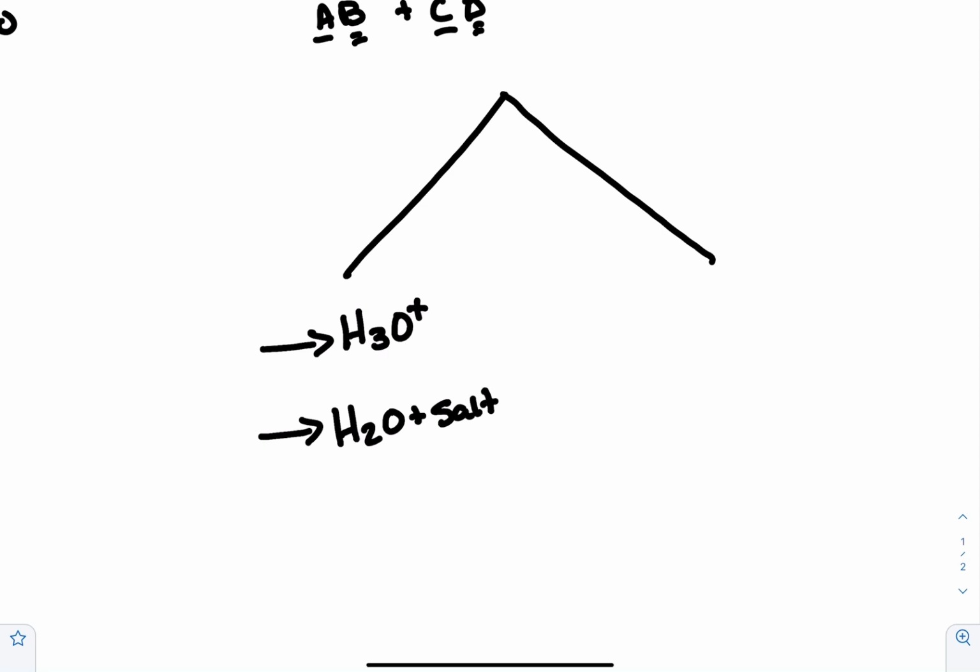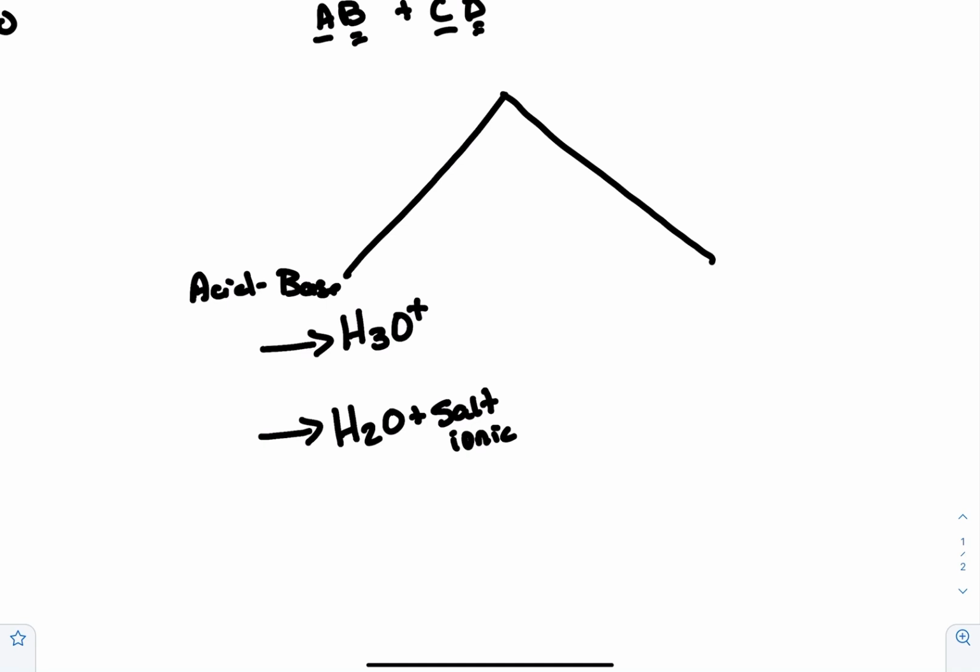But that's anything that is ionic. Those are both acid reactions and acid-base reactions. So I'm going to put acid-base here. You learn much more about acid-base chemistry in Gen Chem 2.